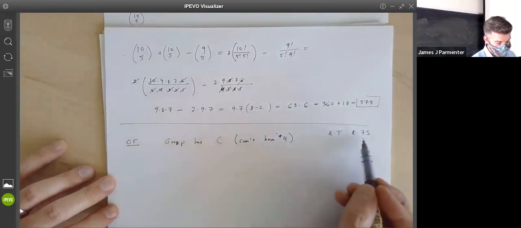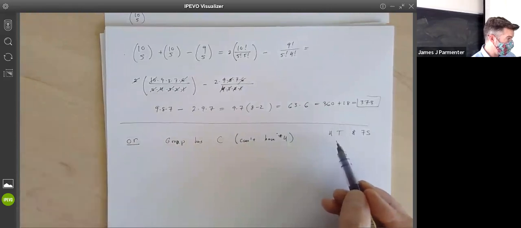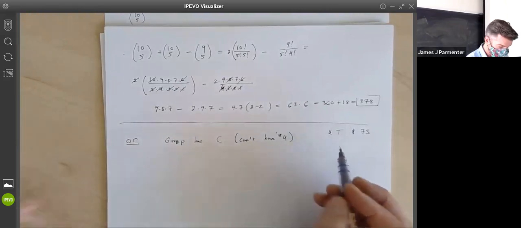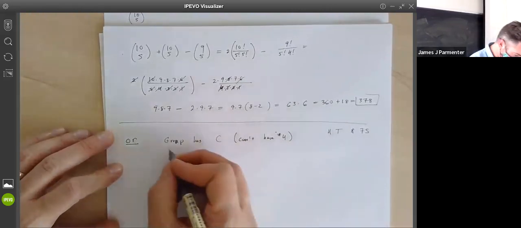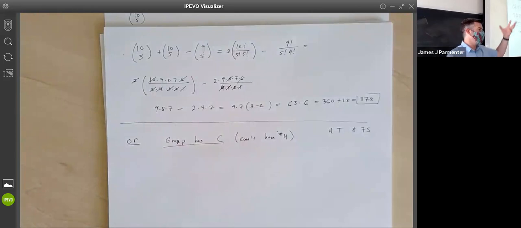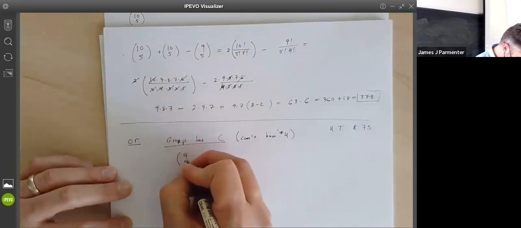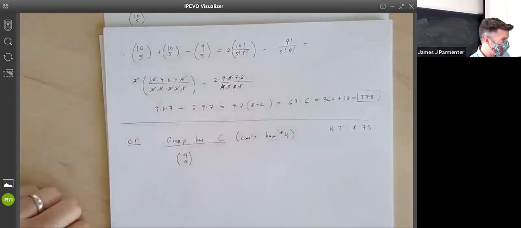There are 6 students, but there's also 3 teachers. 9, right? Because we've already picked C, and we can't have this other student. So we've picked 1 person, and by that choice, we've eliminated 1 other person. So for the 4 remaining spots, there are 9 people we can choose from. So if our group has C, there are 9 choose 4 ways of getting that.